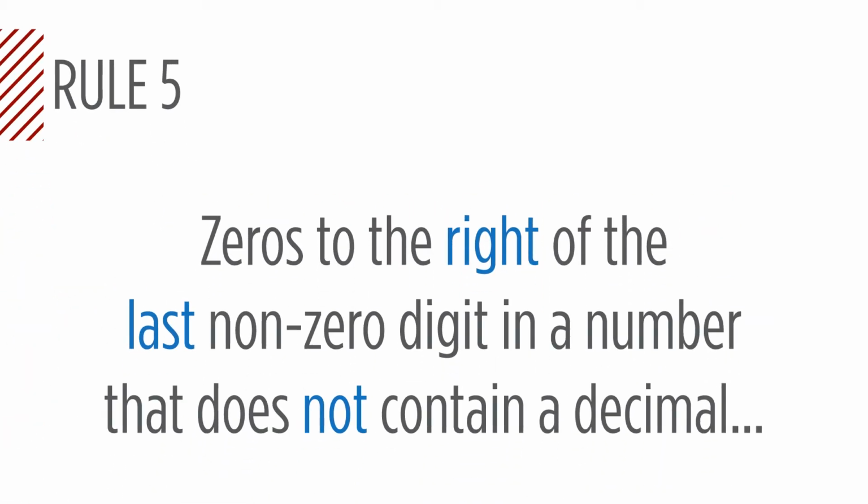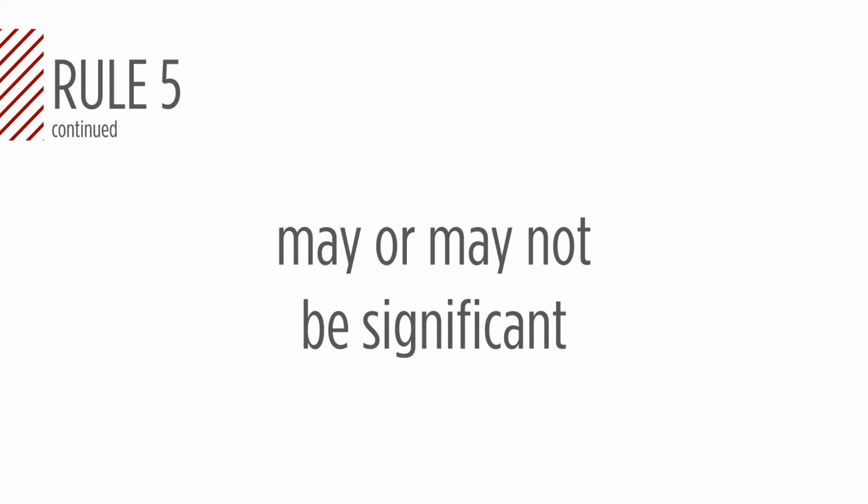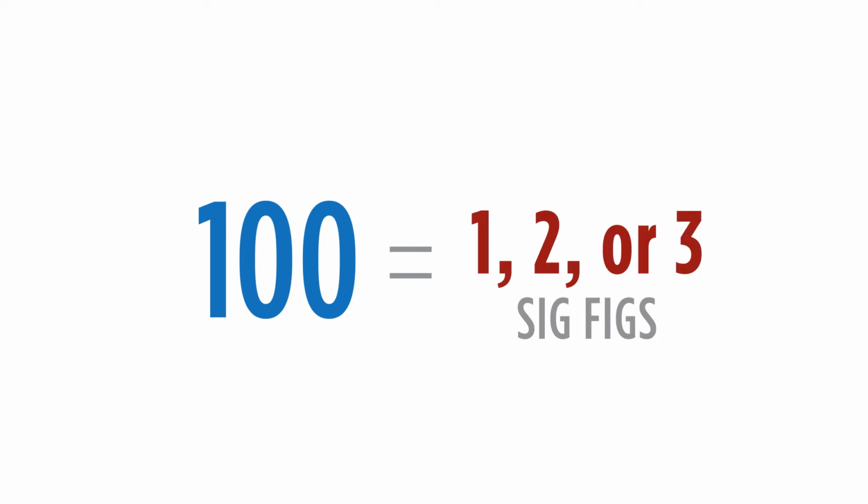Rule 5, zeros to the right of the last non-zero digit in a number that does not contain a decimal may or may not be significant. So if we look at a number like 100, we don't know if that is exactly 100 or if it's 100 plus or minus 1 or 2, or if it's 100 plus or minus 10. So therefore, this could have 1, 2, or 3 significant figures. We really don't know.